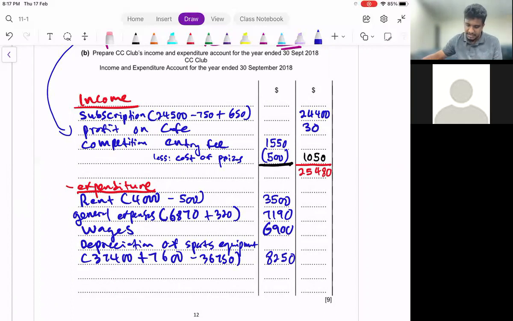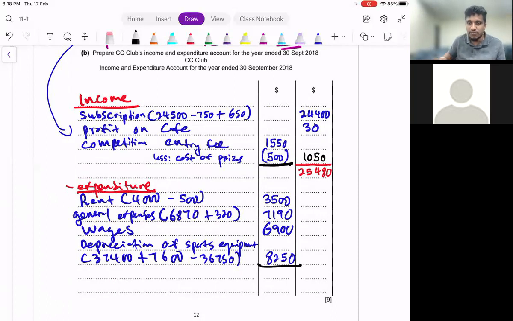Okay. After that, we calculate the total. How much is my total expenditure? That's it. We don't have any other expenditure. So we total up the expenditure: 3,500 plus 7,190 plus 6,900 plus 8,250.